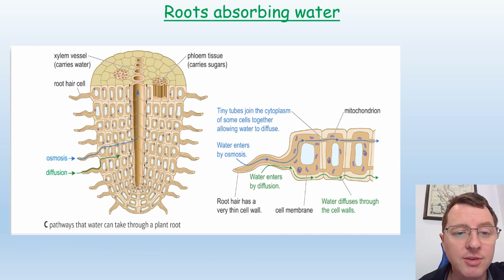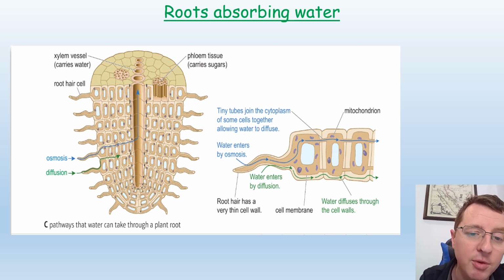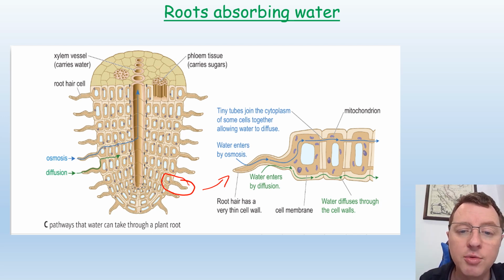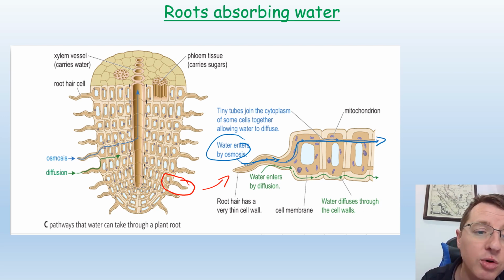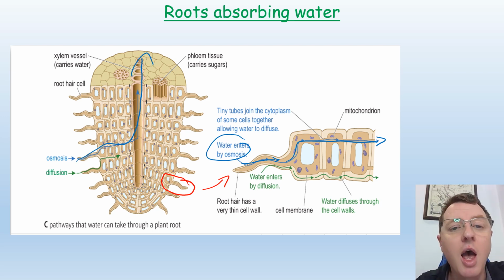So if we have a look at the diagram here of a root and root hair cells, we can see that we have the root hair cells here. And we can see in our larger diagram here that the root hair cells will absorb water in two different ways. They will use osmosis to carry the water through the cells themselves, through the cytoplasm, and then towards the xylem tissue, which will form into the stem eventually.